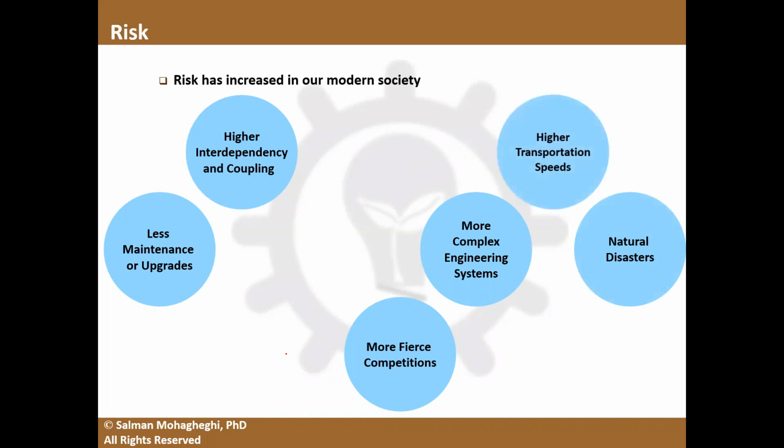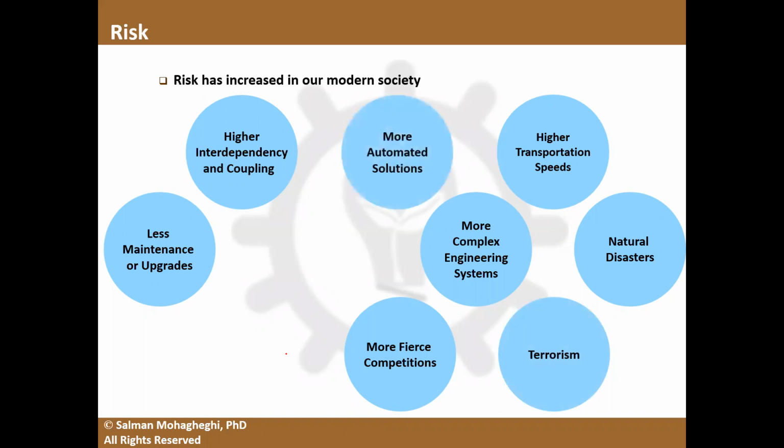When it comes to transportation systems, things are moving at higher speeds, which makes it higher risk compared to vehicles or airplanes or systems that move at lower speeds. We of course have terrorism, which is human-based attacks.